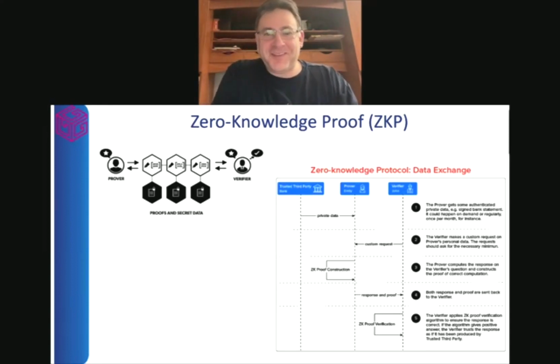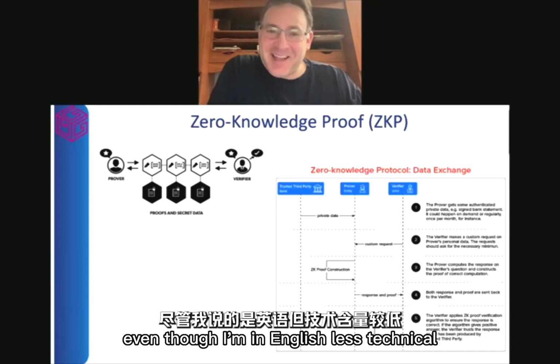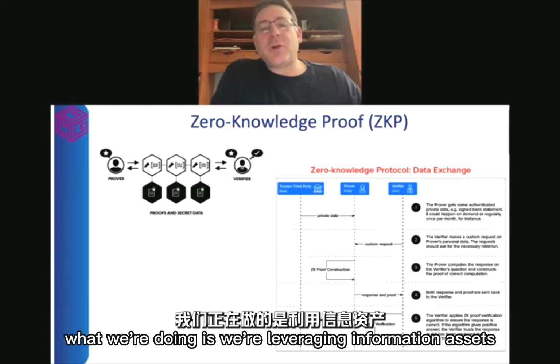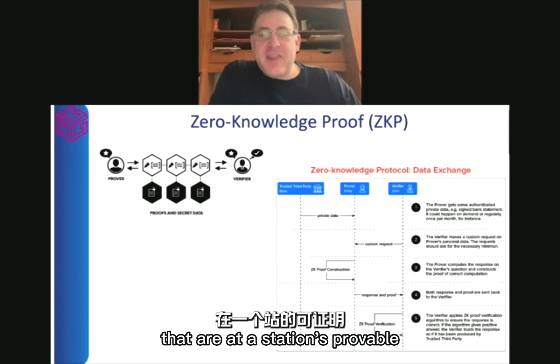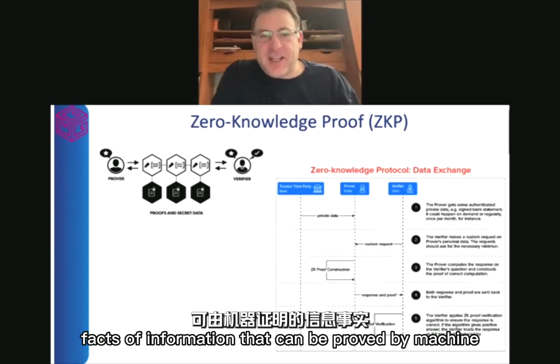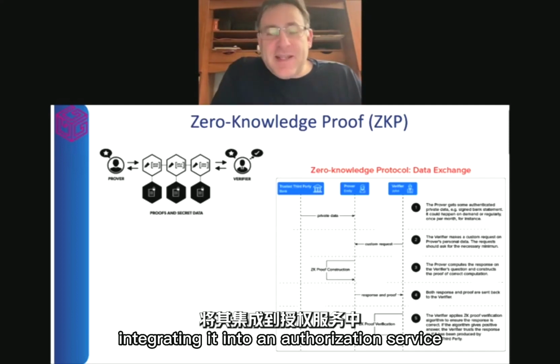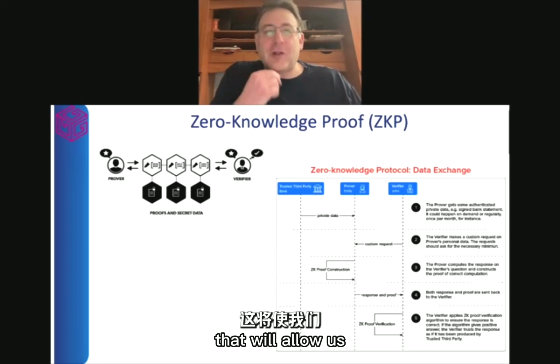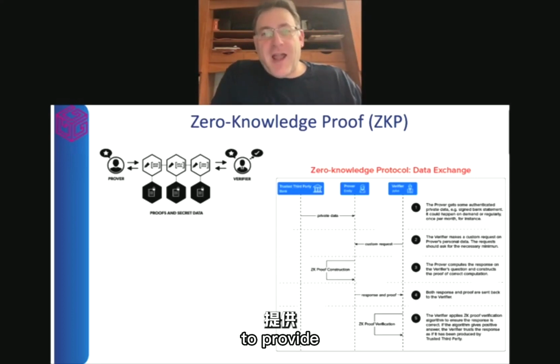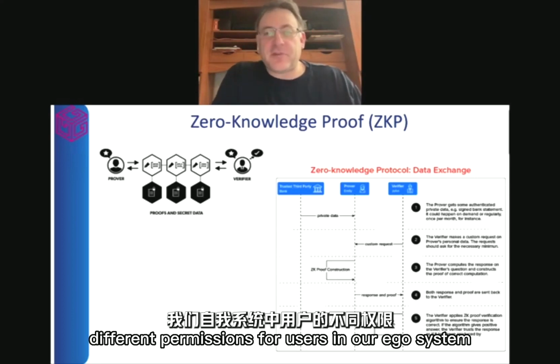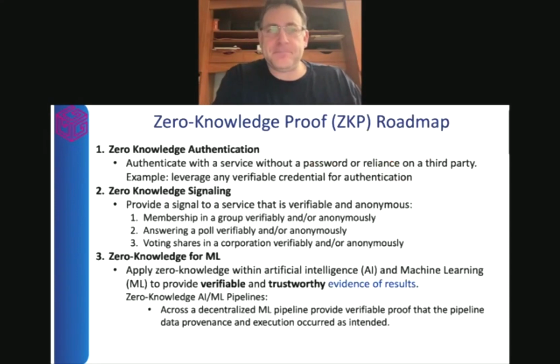In English, less technical, what we're doing is we're leveraging information assets that are attestations, provable facts of information that can be proved by machine, and we are integrating it into an authorization service that will allow us to provide different permissions for users in our ecosystem.